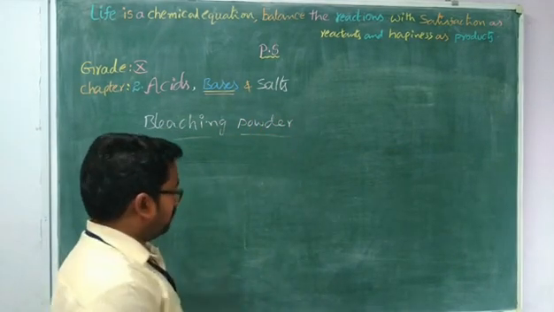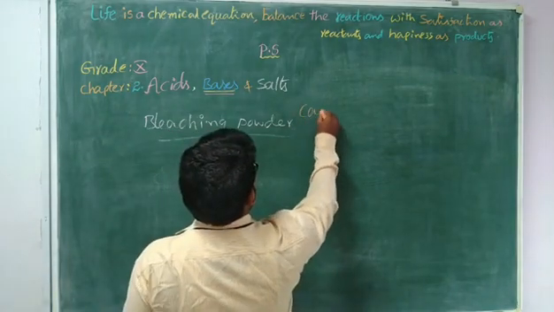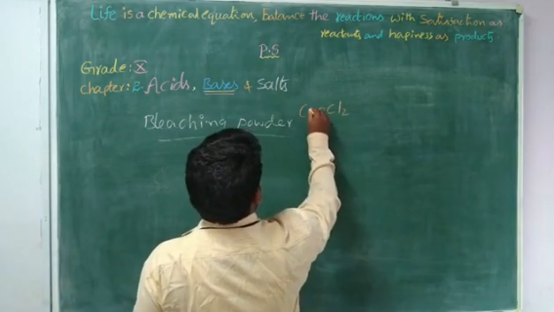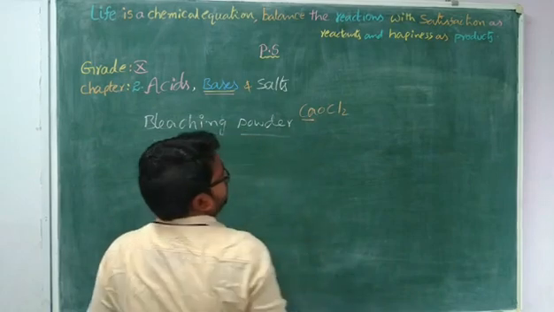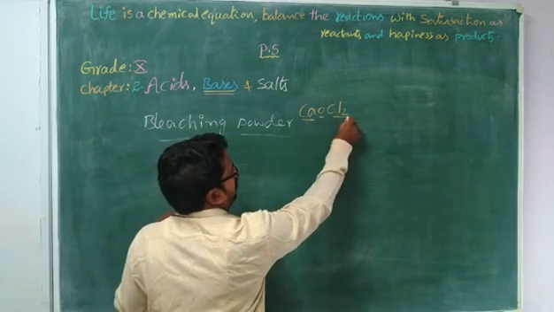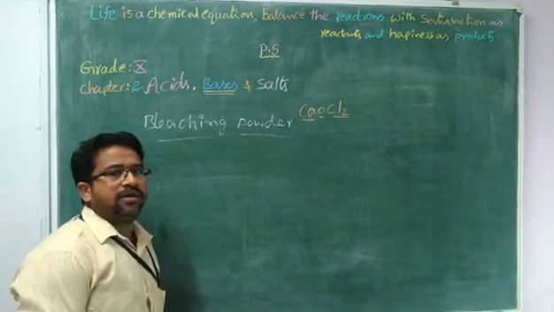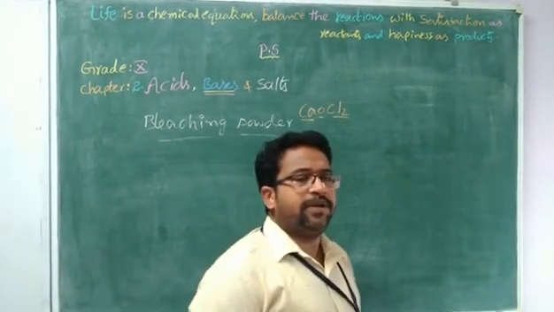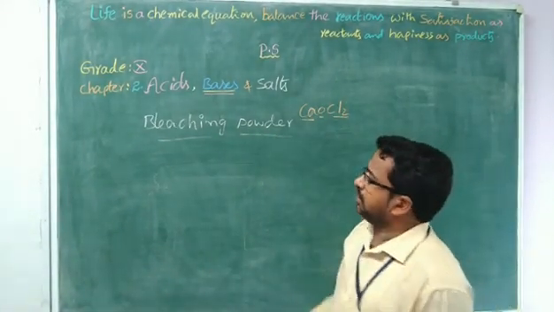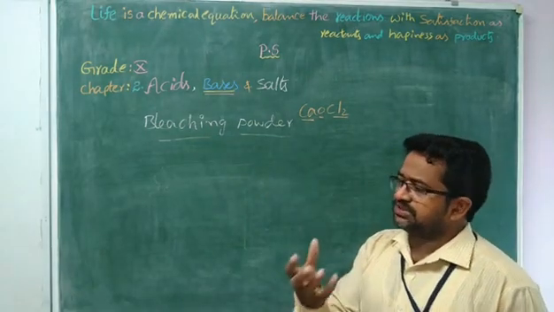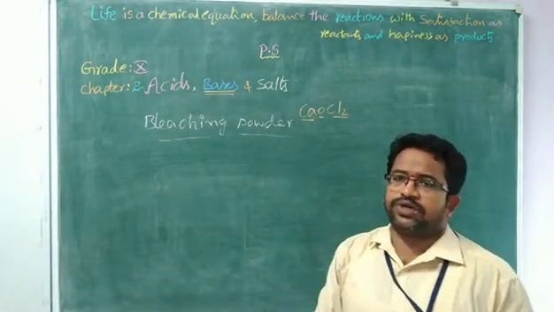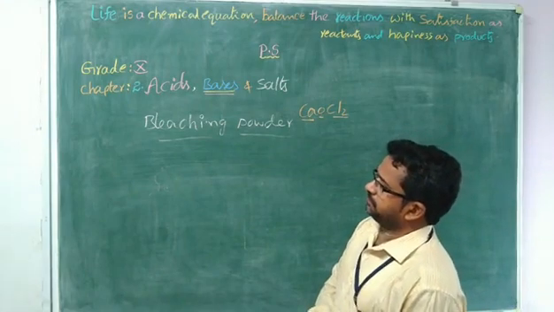What is the chemical formula of this stuff? CaOCl2, calcium oxychloride, is called bleaching powder. Let us see how we can get this bleaching powder. What is the chemical process to obtain it?